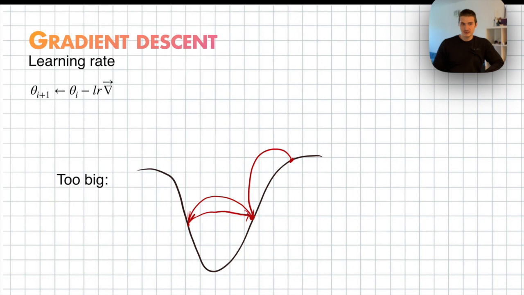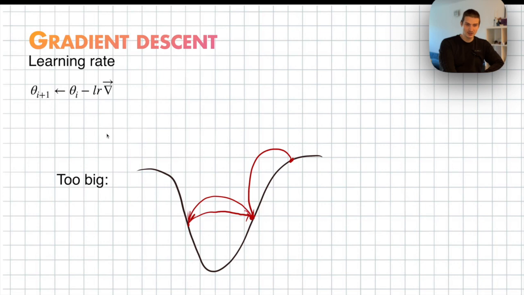Another important concept in gradient descent is called the learning rate. So in reality, when we do the optimization, instead of just performing this step toward the gradient, meaning modifying the parameters by the actual value of the minus gradient, we also multiply it by a usually small parameter called learning rate.